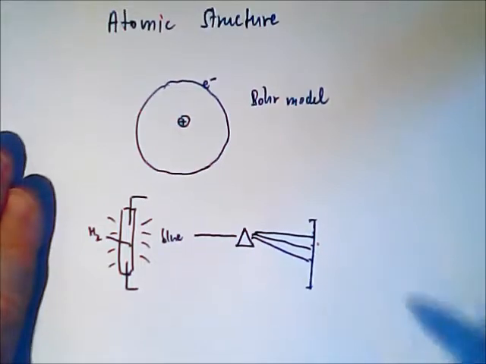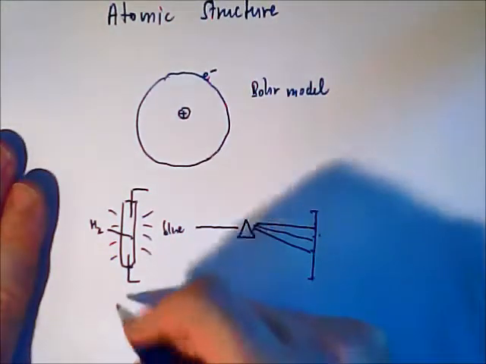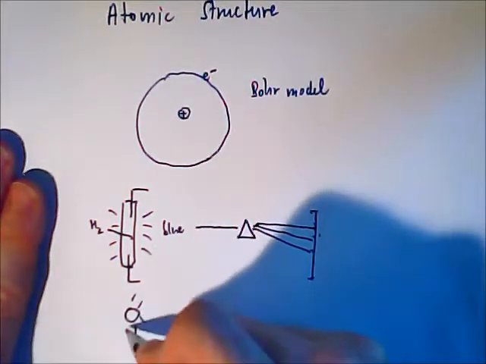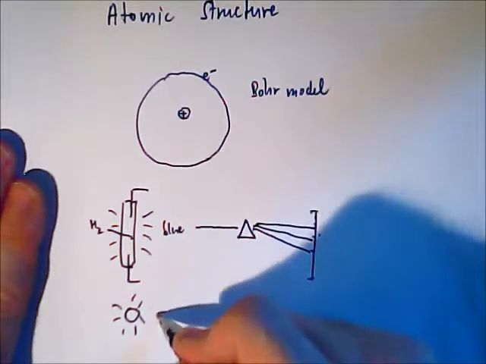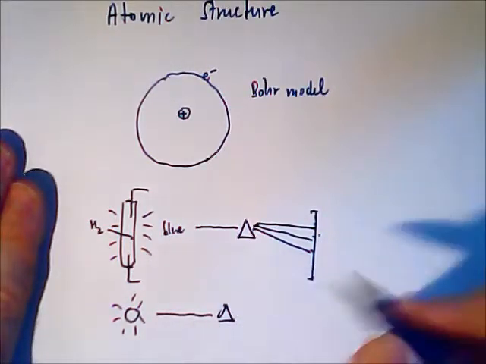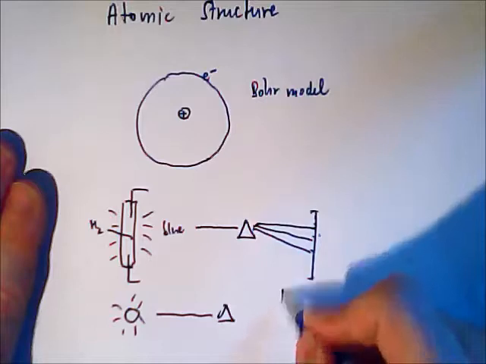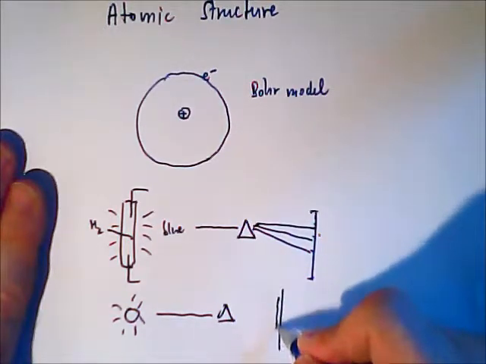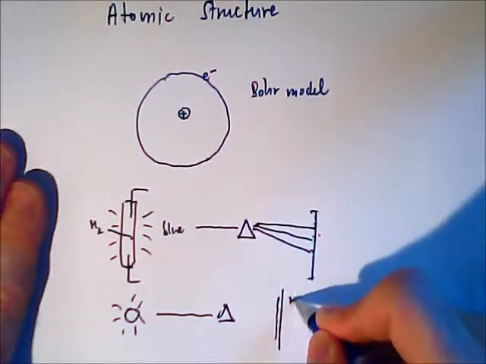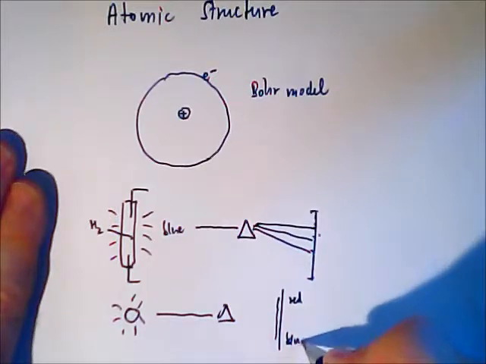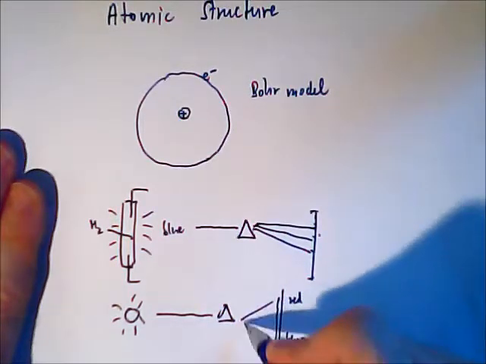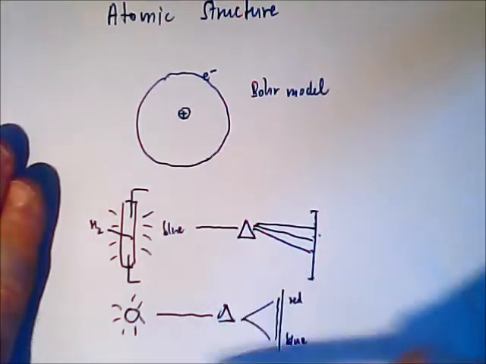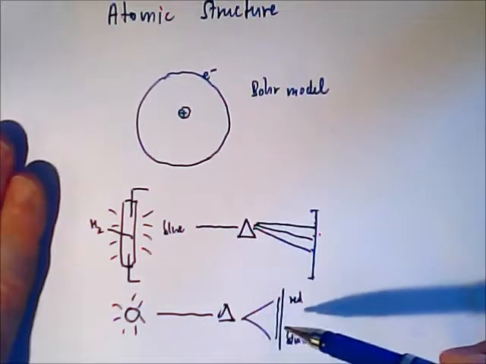And now interesting, when we look at the light from the sun, we make this experiment, then we get like a rainbow color. We get a continuous spectrum from red to blue, similar to the rainbow that you see.